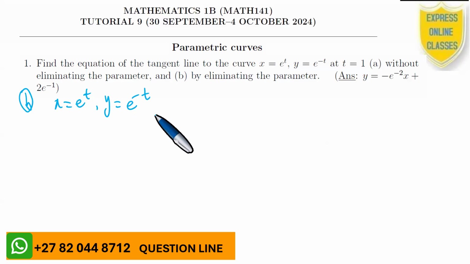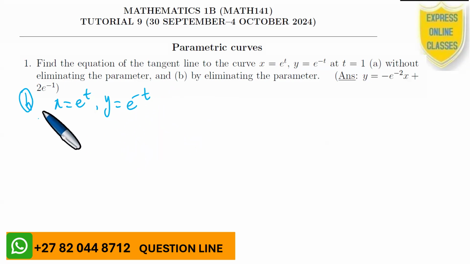To eliminate the parameter t, the couple of things that we need to do so that we are dealing with an equation at t equals 1 by actually dealing with only x and y, but such that t is eliminated.